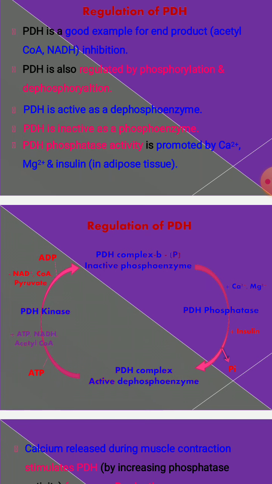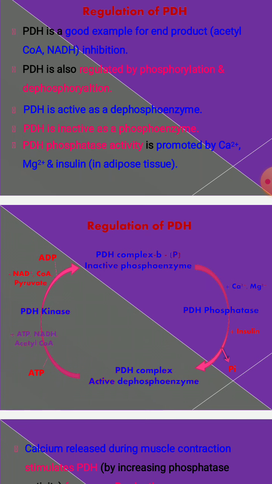In turn, it is regulating the enzyme that carries out the conversion from pyruvate to acetyl CoA. That is, ATP, NADH and acetyl CoA activate PDH kinase to convert the active dephosphoenzyme form to the inactive phosphoenzyme form.